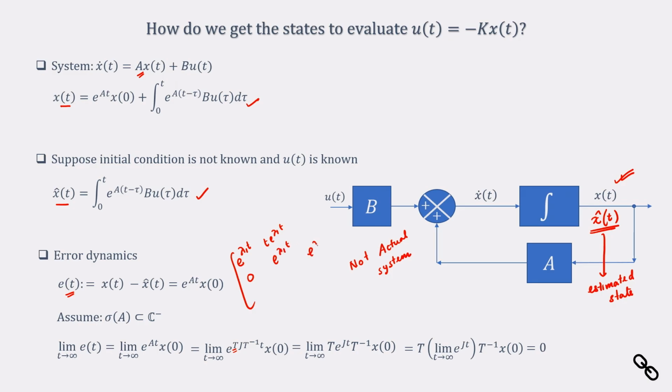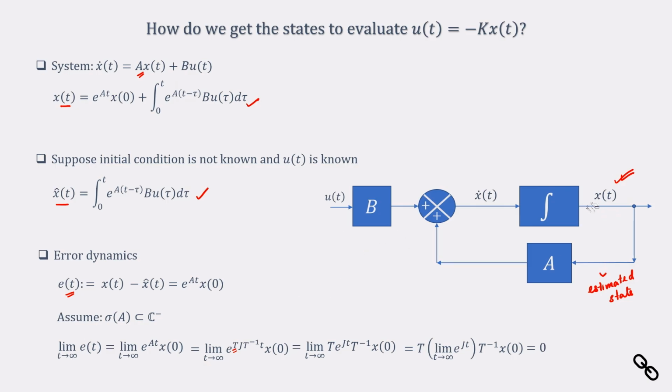If we get a matrix of this form, notice that lambda 1 and lambda 2 are eigenvalues of the A matrix, and they are on the left half of the complex plane, which means as t tends to infinity, this matrix will go to 0, and in other words, as t tends to infinity, the error signal will become equal to 0.